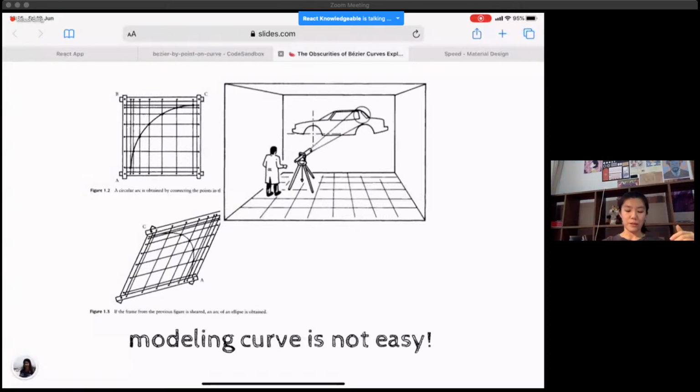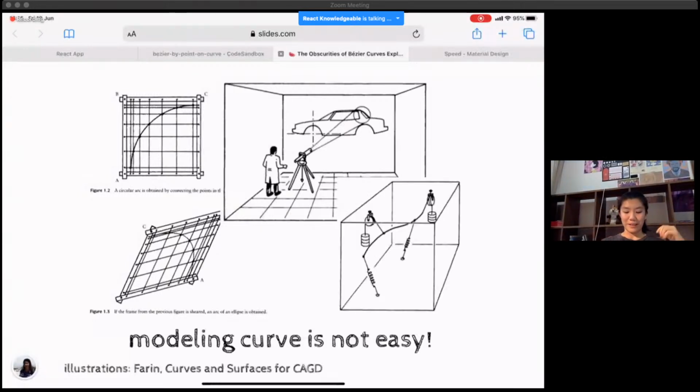And then you take a paper and record down the exact position of where the curve goes. There is even one involving springs and taking a string and all that. So it wasn't easy. So how can we go about solving this problem?